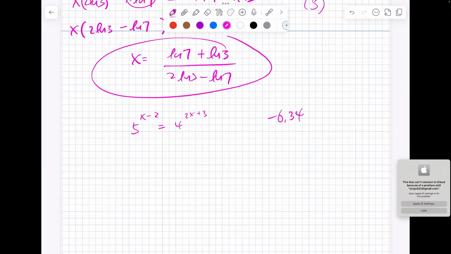If you type in the decimal, this is what you're gonna get, negative 6.34. Got it?